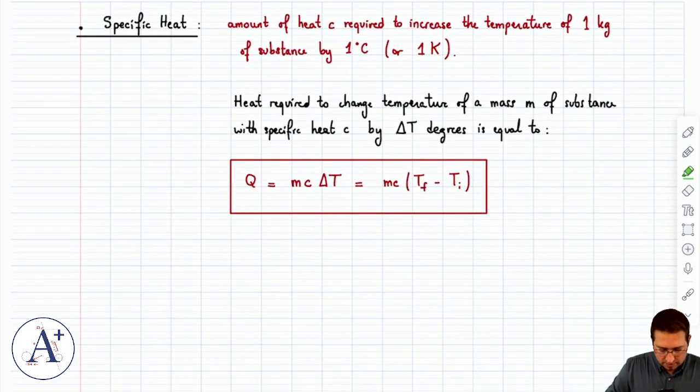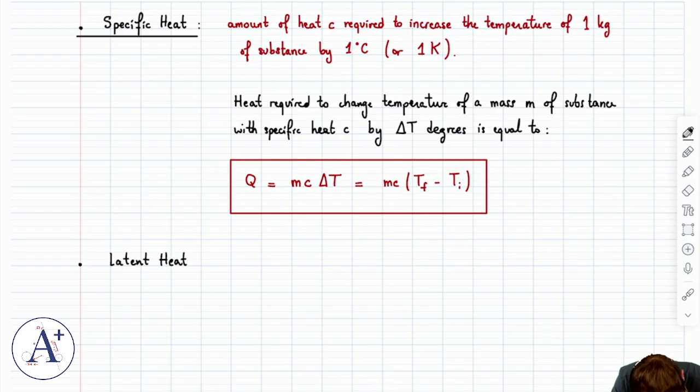On the other hand, we have to have a formula to describe and quantify the heat exchanged during a phase change. Okay, now that brings us to latent heat. All right, now what is latent heat?